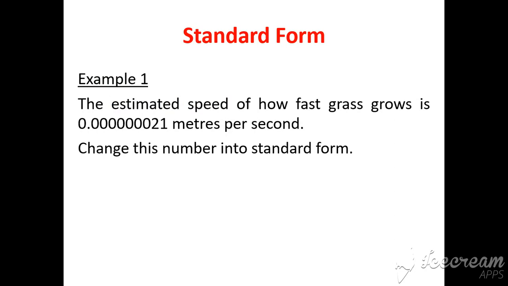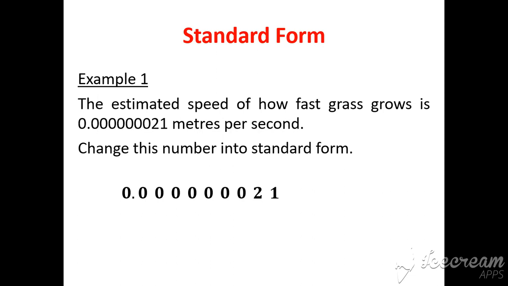Let's get into example 1. The estimated speed of how fast grass grows is 0.000000021 meters per second. We're going to change this into standard form. We write down 0.000000021 and put the decimal point between the 2 and the 1, and we count 1, 2, 3, 4, 5, 6, 7, 8 times.